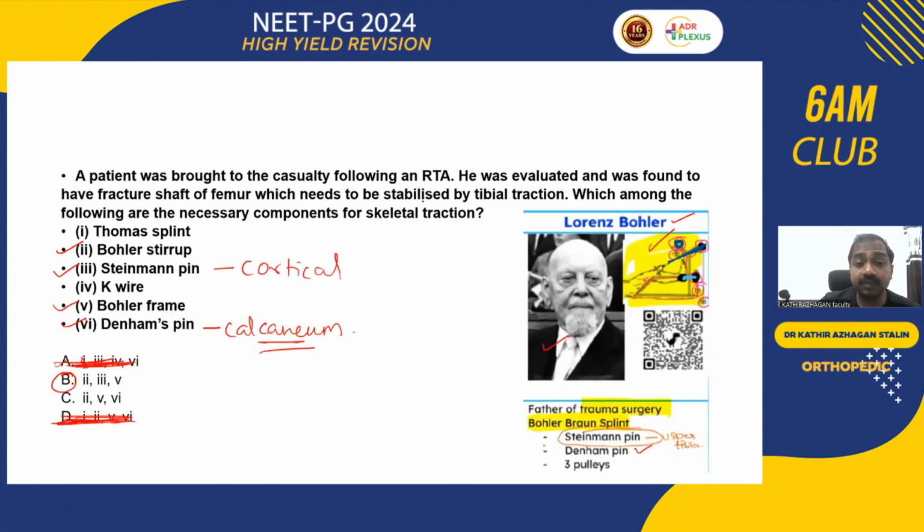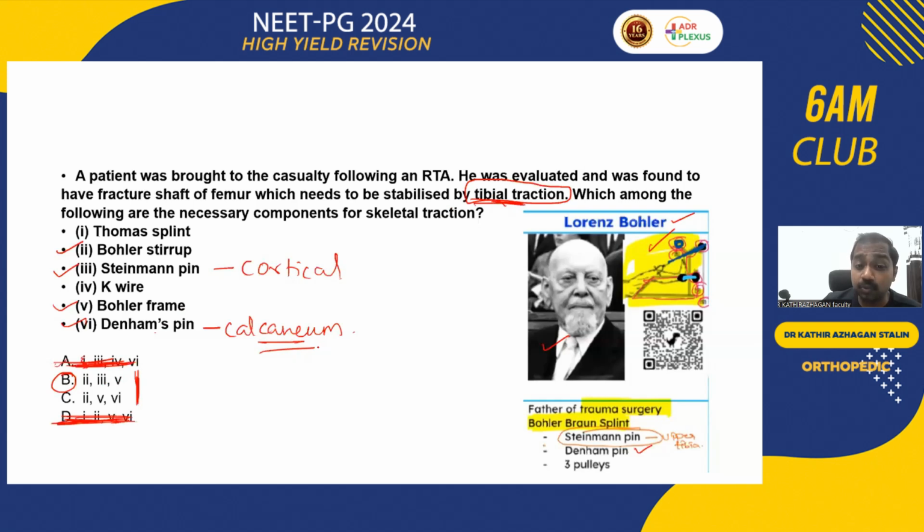Look into the question: tibial traction. Whether you use a Denham pin or a Steinmann pin is what is being tested between these two options. I will use a Denham pin for the calcaneum and a Steinmann pin for tibial traction. And two years back, they gave this tibial traction. So the answer is 2, 3, and 5.